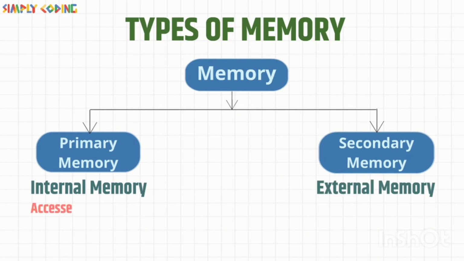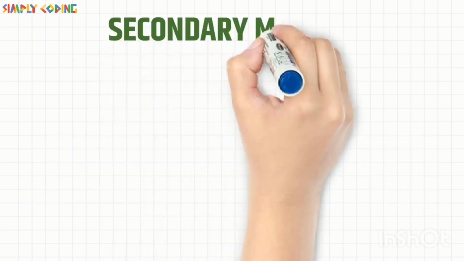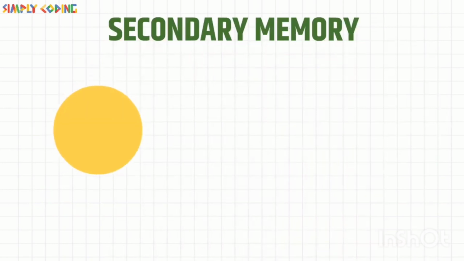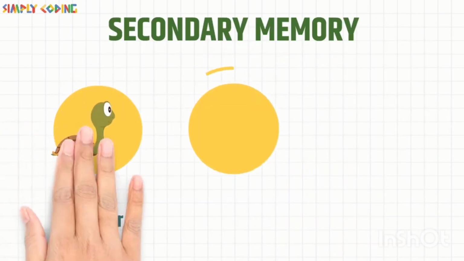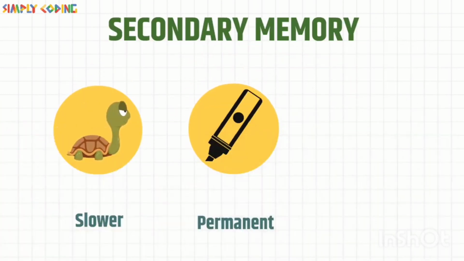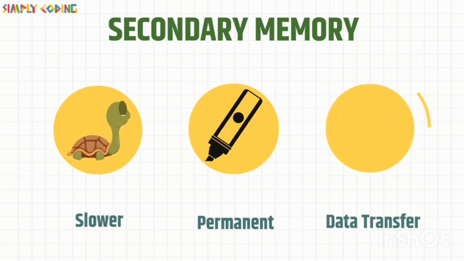While the primary memory is accessed directly by the CPU, secondary memory is backup memory used for long-term storage of data. Its key characteristics are: it is slower than the primary memory, and data stored is permanent, so it is used for storage and backup. It helps in transferring data from one computer to another.